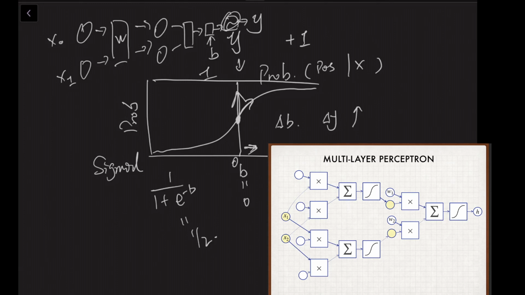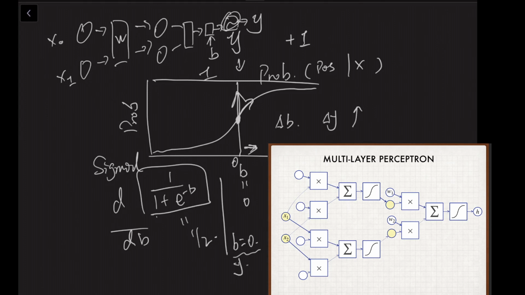If you take the derivative of this equation with respect to b when b is 0, which is equivalent to y being 0.5, this derivative is equal to 0.5 as well.